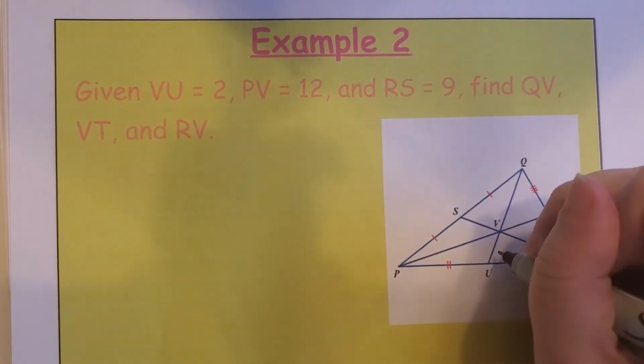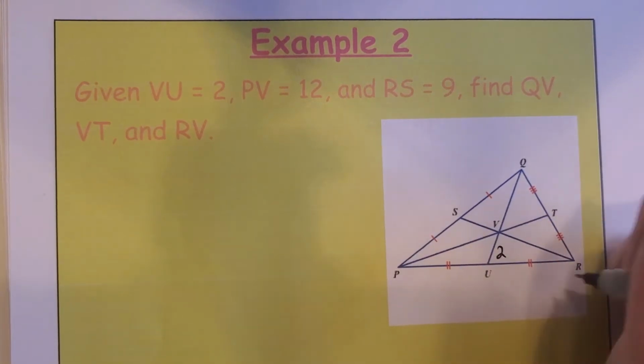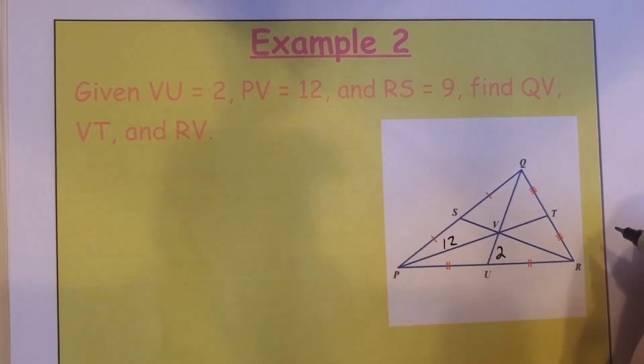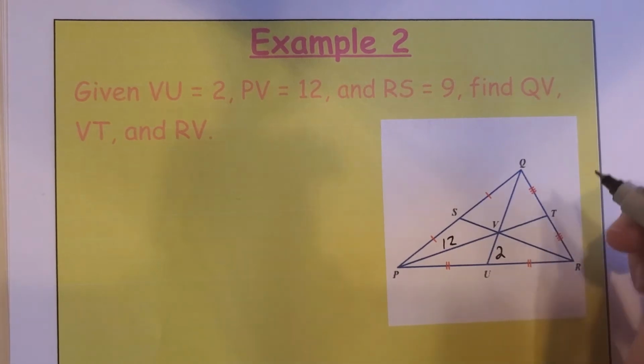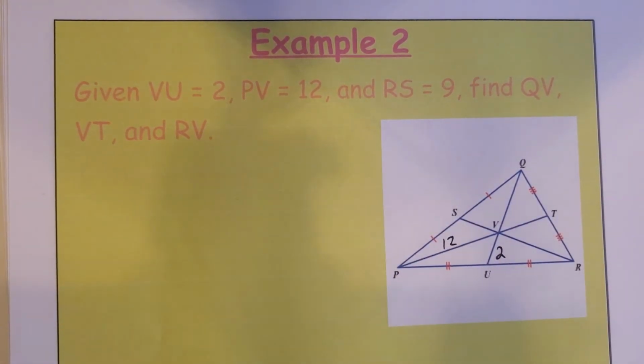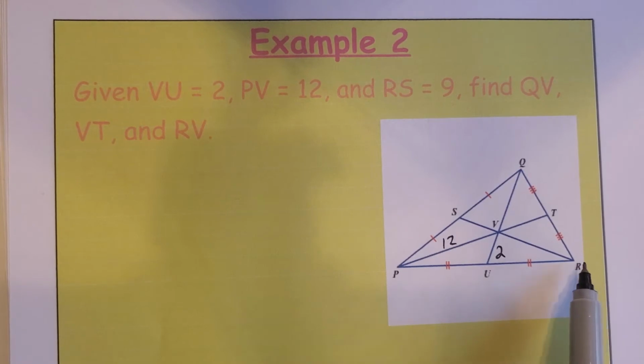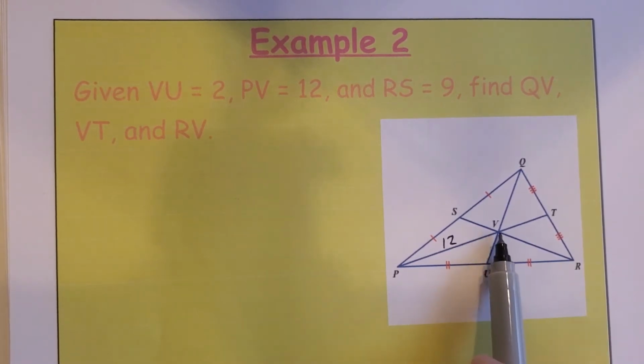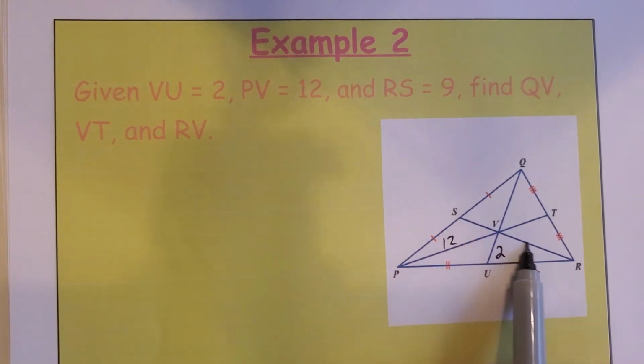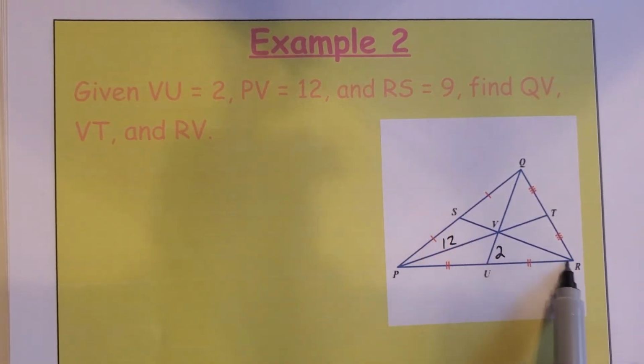So let's see. VU is 2. PV, which is this, is 12, and RS, this whole thing, is 9. I think that deals with the centroid theorem, which says that the distance from the vertex of the triangle to the centroid is 2/3 of the length of the median.